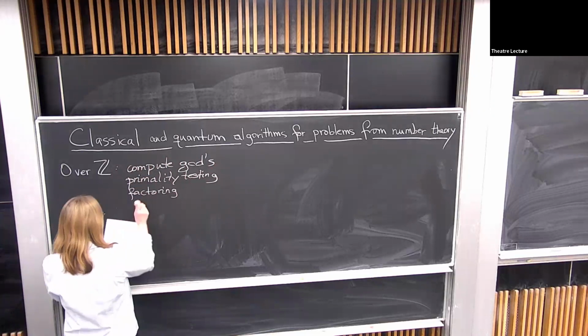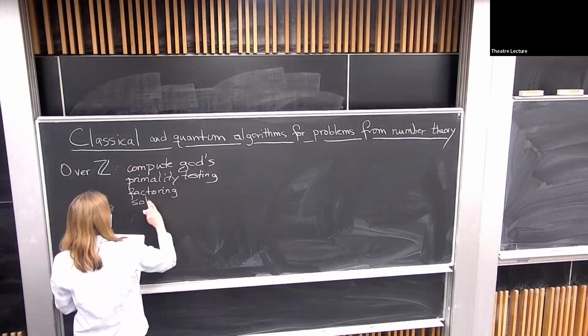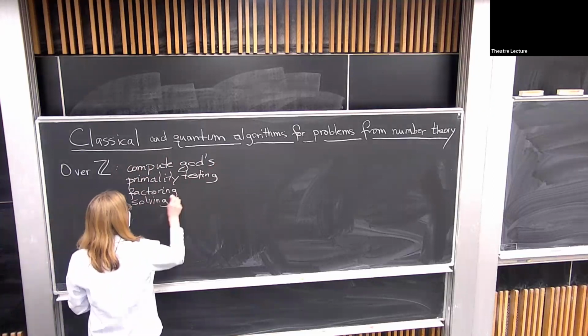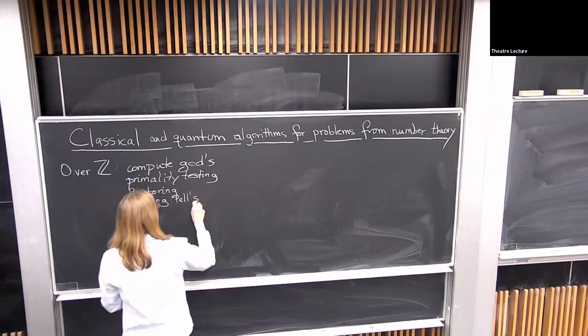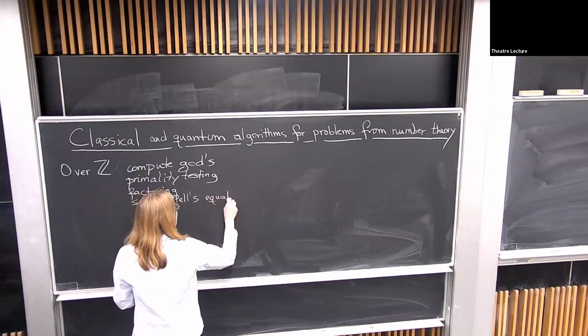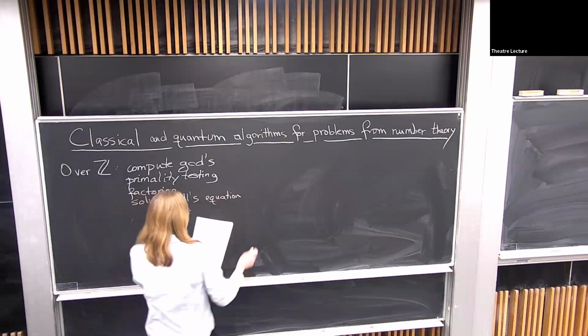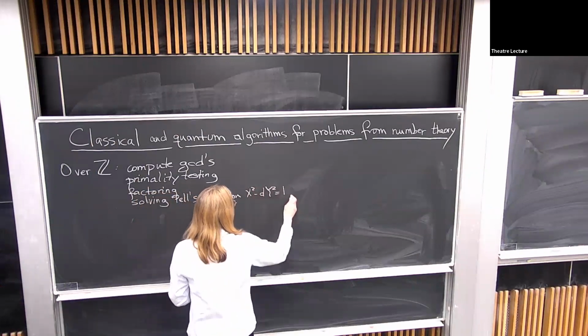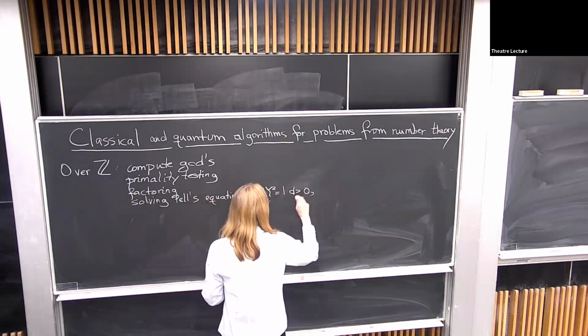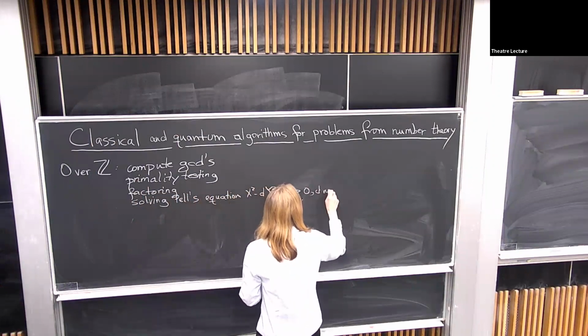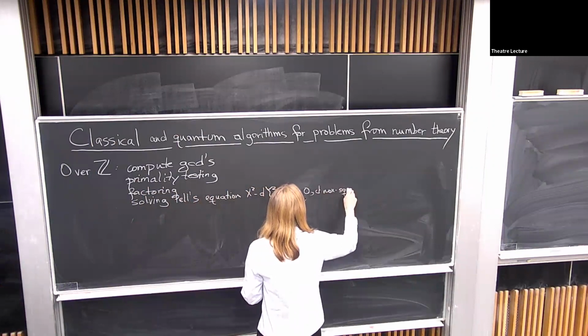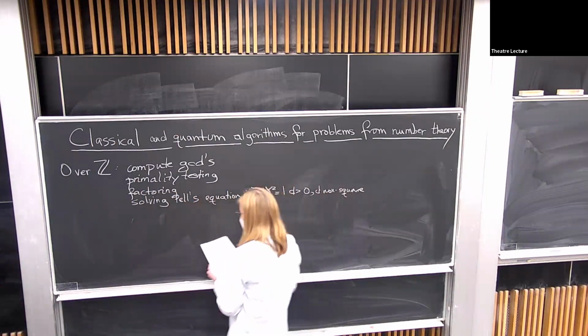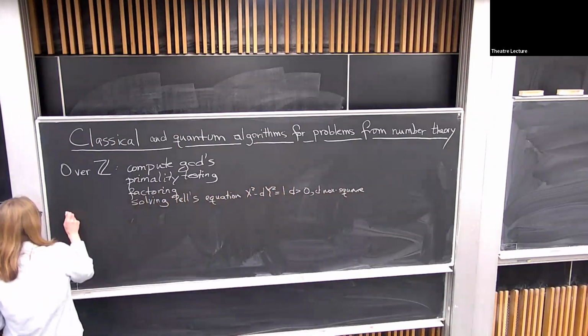And I'll also throw in solving Pell's equation, where D is positive and not a square. We have solutions. And then we can look at number fields.